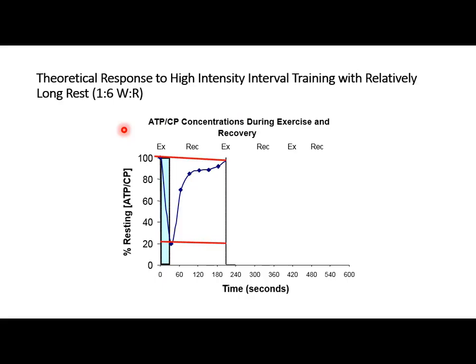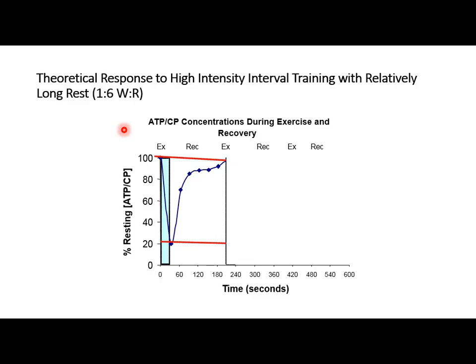Right? In order to resynthesize ATP in very high intensity, short duration activities, the creatine phosphate enzyme becomes highly active. And so ensuring that the cell has enough creatine phosphate is of utmost importance in order to ensure maximal performance during high intensity interval training, or anything that's high intensity, I should say.